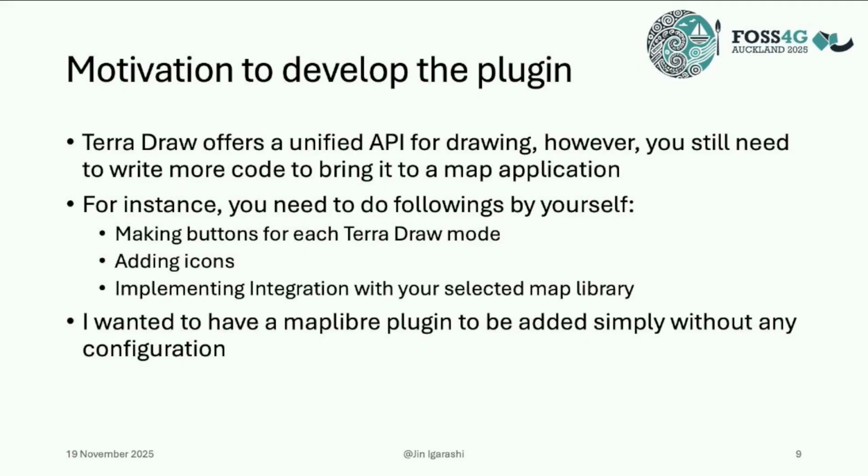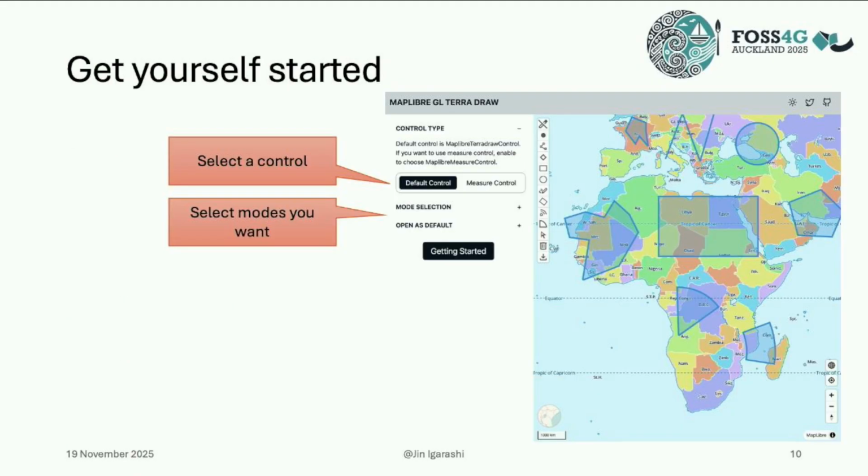But if I want to bring a proper drawing feature to MapLibre, I need to consider a lot of things, like adding buttons, adding icons, or other integrations with MapLibre. So I wanted a drawing feature that is very easy to add to my MapLibre application. That is my motivation to develop this plugin.